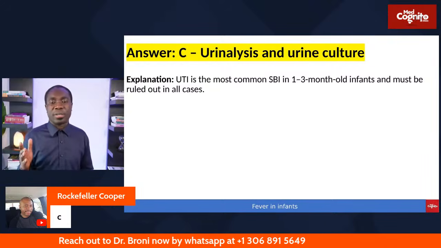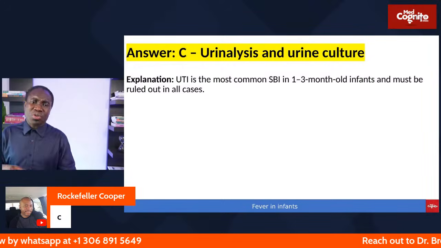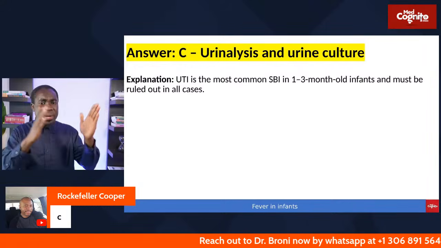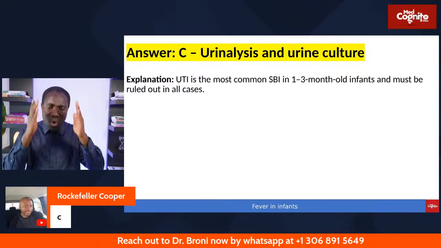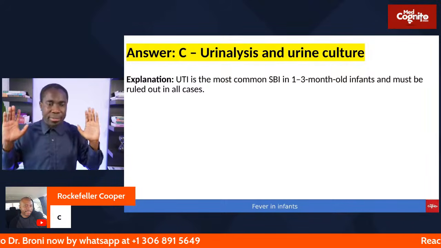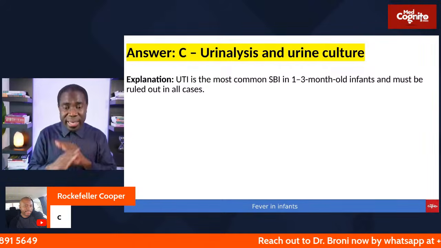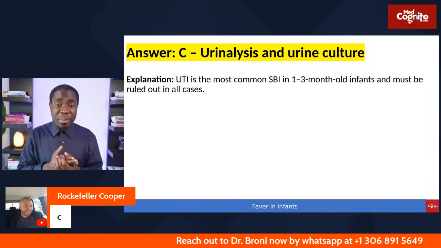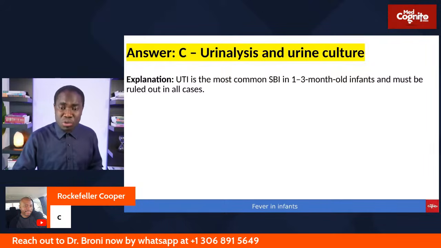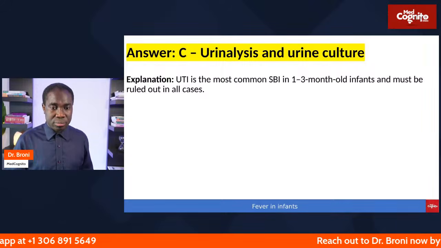Urinalysis and urine culture. Because UTI is the most common severe bacterial infection in children between 1 to 3 months old and must always be ruled out in all cases. You must rule UTI out in all cases, please. Always remember that. You must rule UTI out in all cases of children who are less than 3 months of age. Okay.